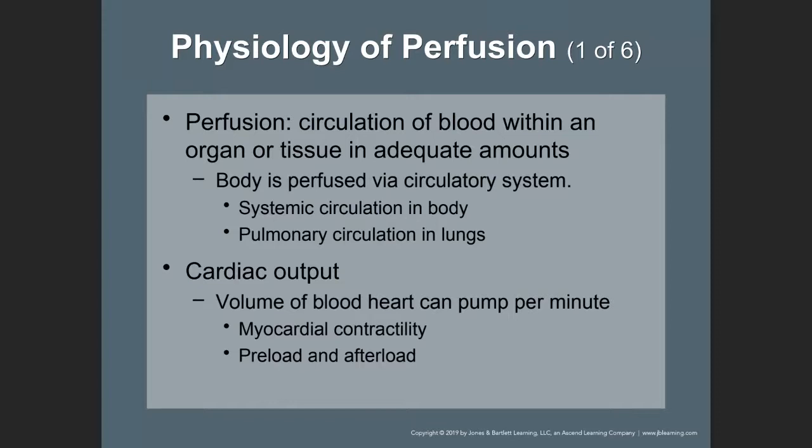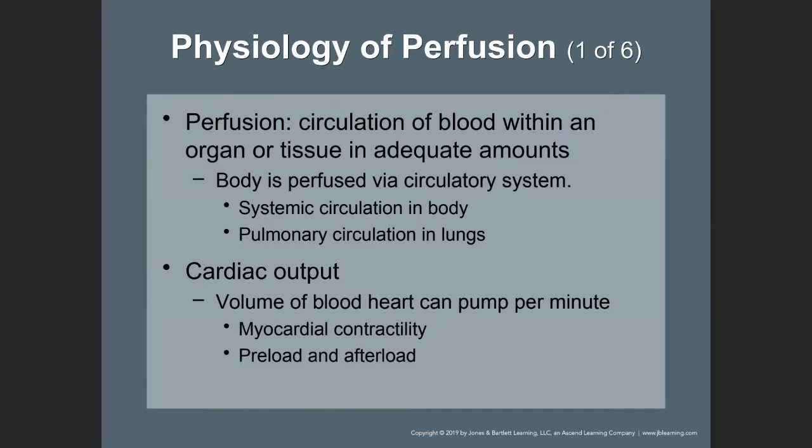Physiology of perfusion. Perfusion is the circulation of blood within an organ or tissue in adequate amounts. And within the circulation, the exchange of nutrients and oxygen must occur, and the removal of waste and carbon dioxide must occur, so that the cells can carry out what we would consider to be normal metabolic function.